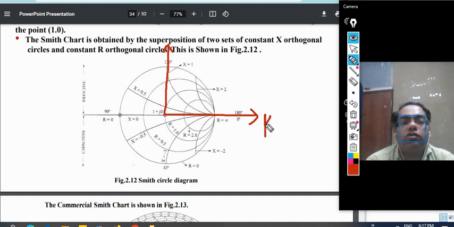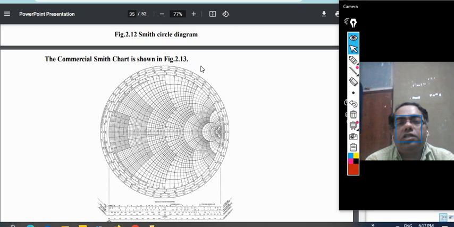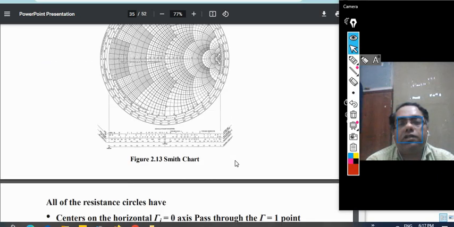Now let us see some of the points that it represents. This is the commercial Smith chart which is commercially available. You can see both constant R and constant X circles.